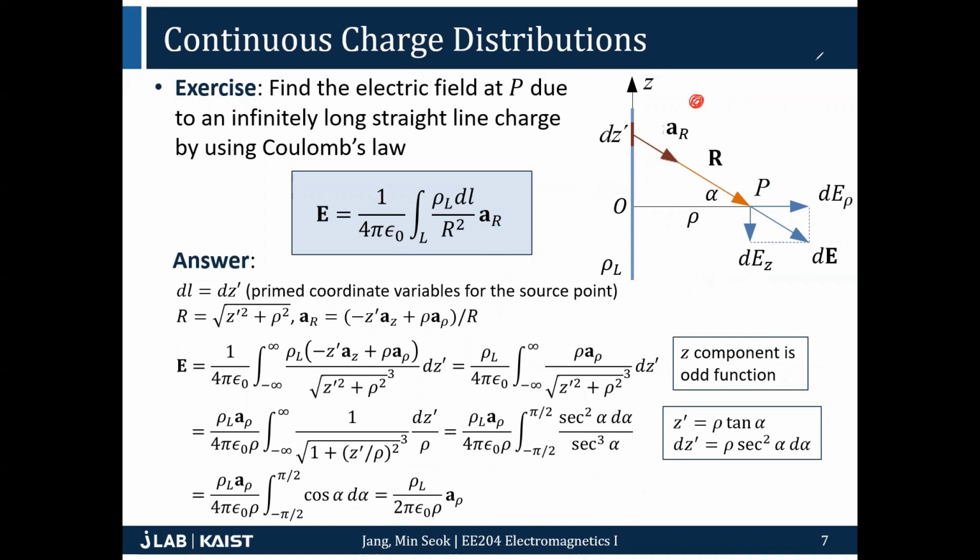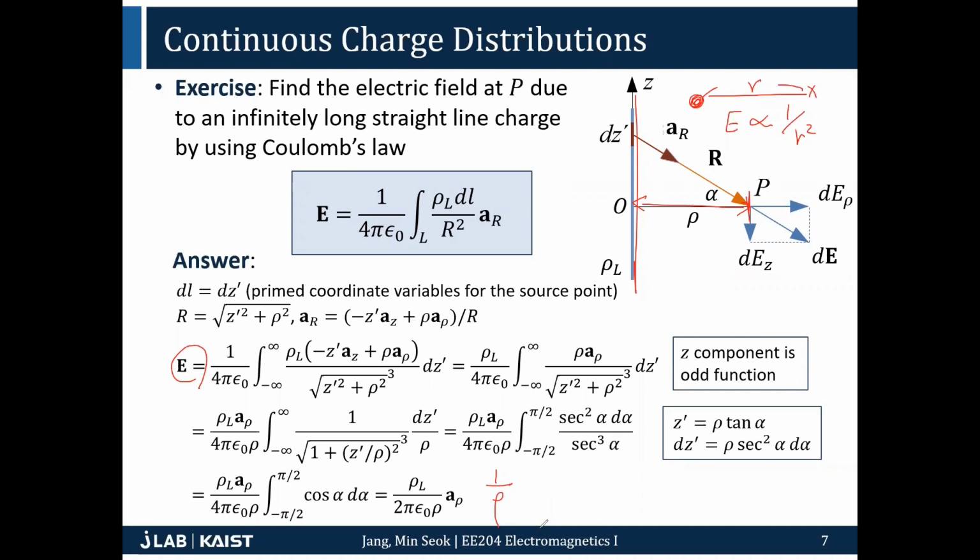If the distance between the charge and your position of interest is r, then your electric field is proportional to 1 over r squared, right? That's Coulomb's law. Now you have an infinitely long line charge, and your electric field is proportional to 1 over rho, not rho squared, right? 1 over rho. Rho is the distance between your line charge and the position of interest.